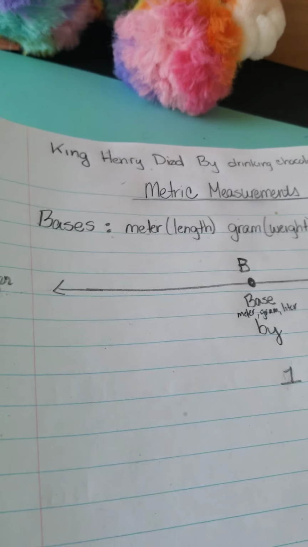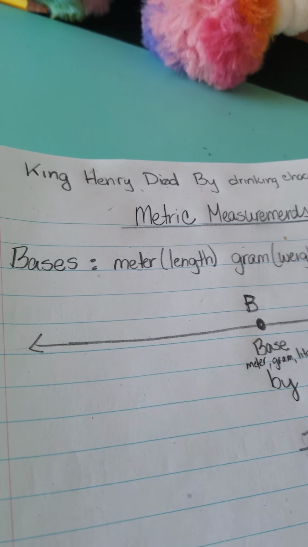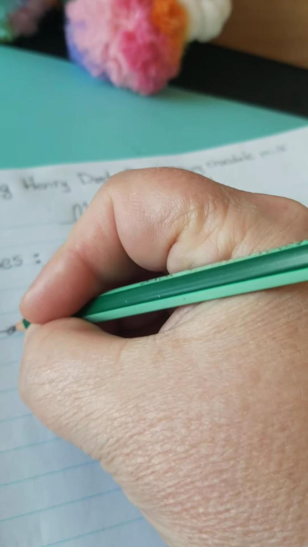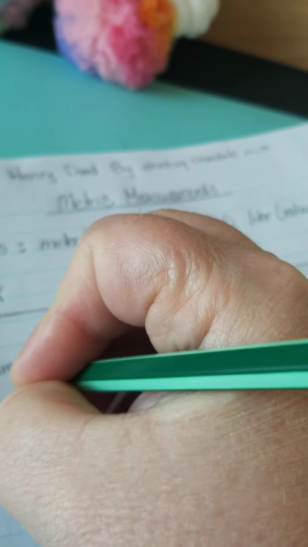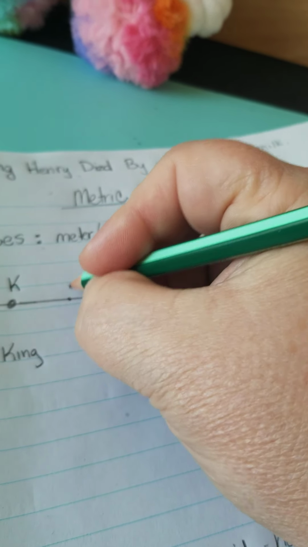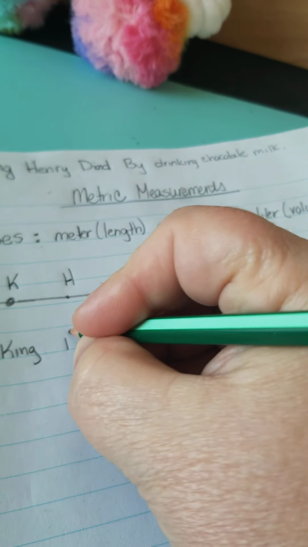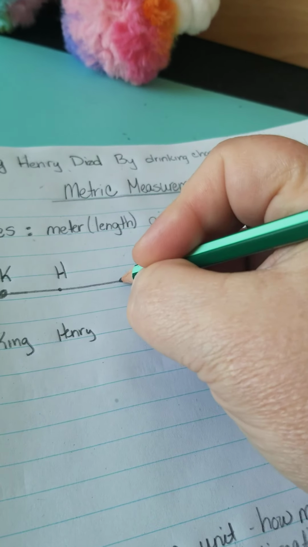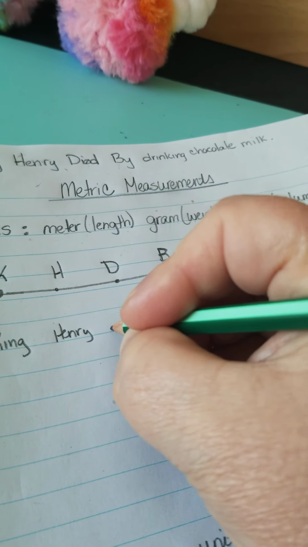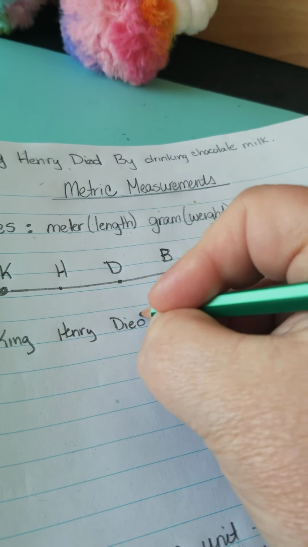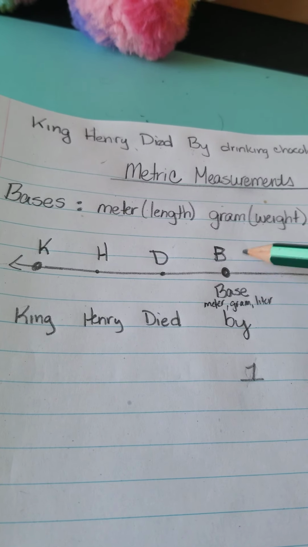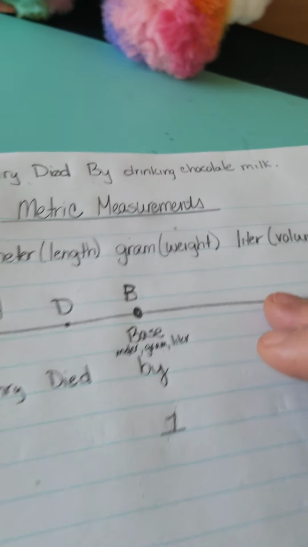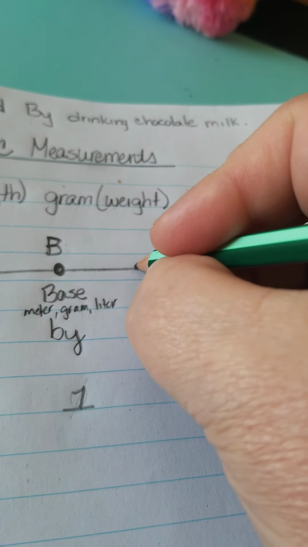So I'm going to put it on my little chart here. I'm going to kind of transpose it. All right. K for King. Henry. Died. KHD. King Henry died by. There's my base. Now comes my lowercase.